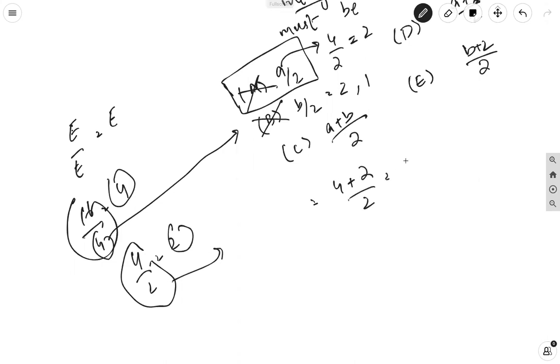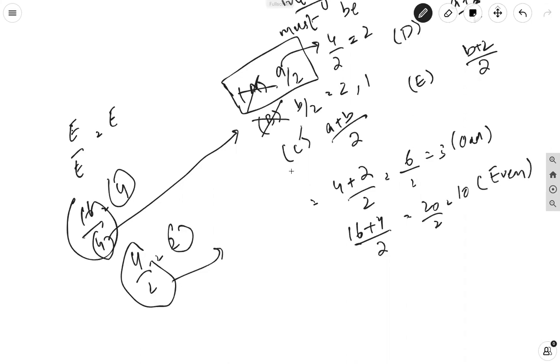Dividing 6 by 2, the result is 3. Oh, this is odd. And if I take the other case, 16 plus 4 divided by 2 is 20 by 2, which is 10. This is even, so this is not possible.